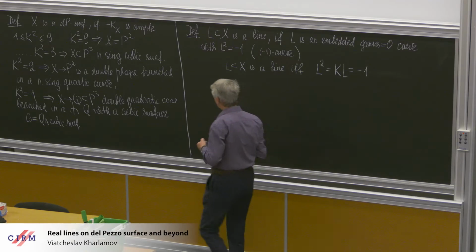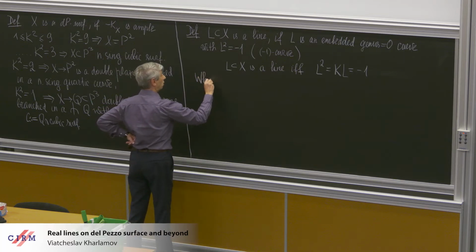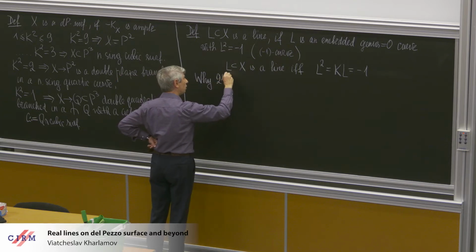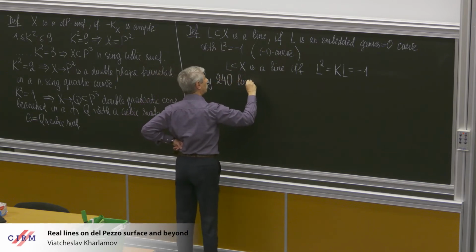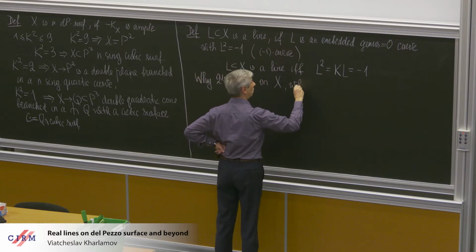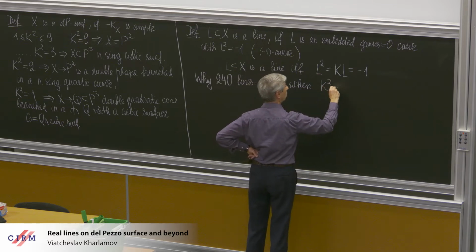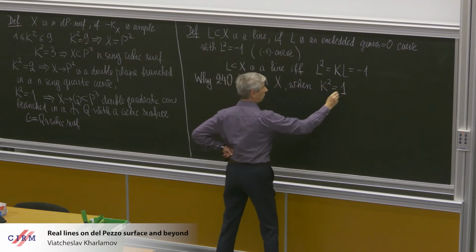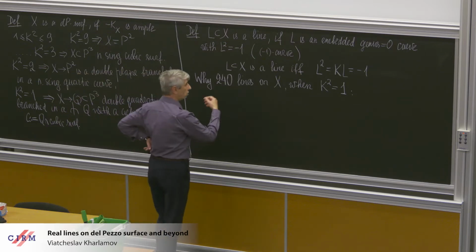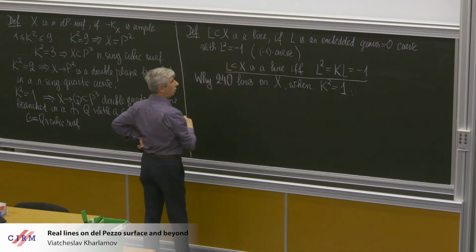Okay, so this explains immediately why there are 240 lines on X when K square is equal to 1. It's very easy.